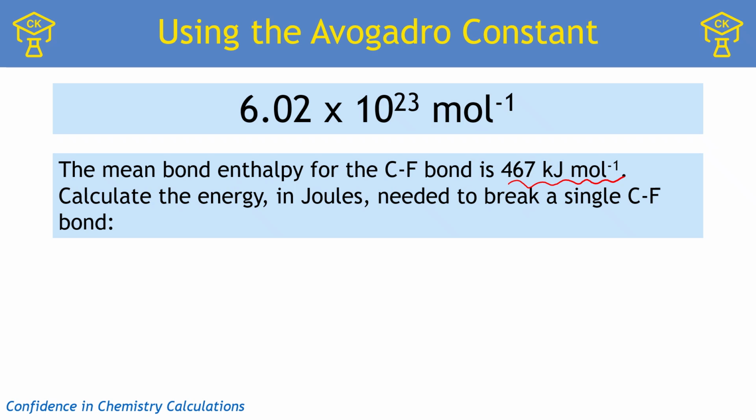Now there's more than one way you can do this. Previously I converted to kilograms at the end because I had my answer in grams. So this time I'm actually going to convert to joules straight away as my first thing to do. It's an easy thing to do.